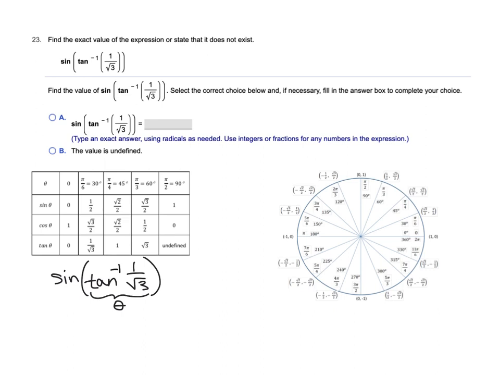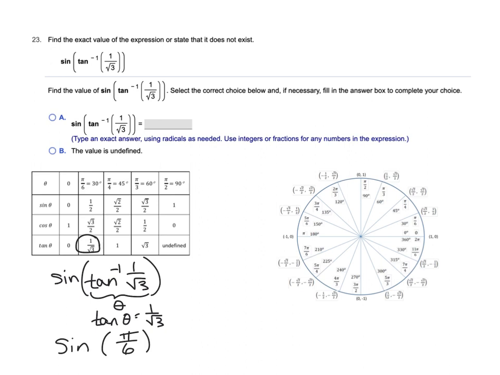You don't have to rewrite it if you don't want to, but it's like saying, tell me the theta that gives me 1 over square root of 3. So we say, where is the tangent 1 over square root of 3? It happens at pi over 6. Right? And because it was positive 1 over square root of 3, it's positive pi over 6. So that's what's inside that first parenthesis.